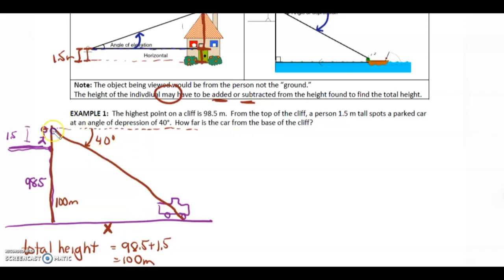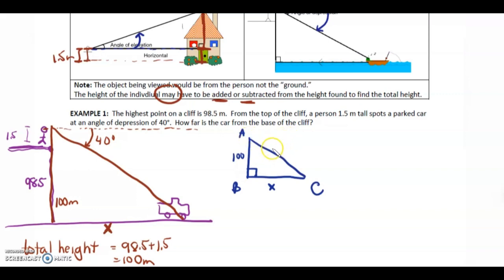So if this diagram is too confusing, what we can do is just draw a triangle. Okay, you can label it whatever you want. You can label it ABC if you want. We're going to solve for this X value over here. We have a height of 100. This is 90 degrees.